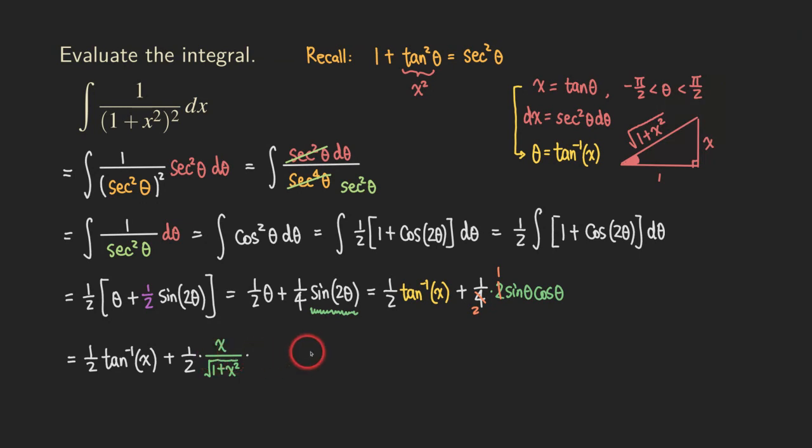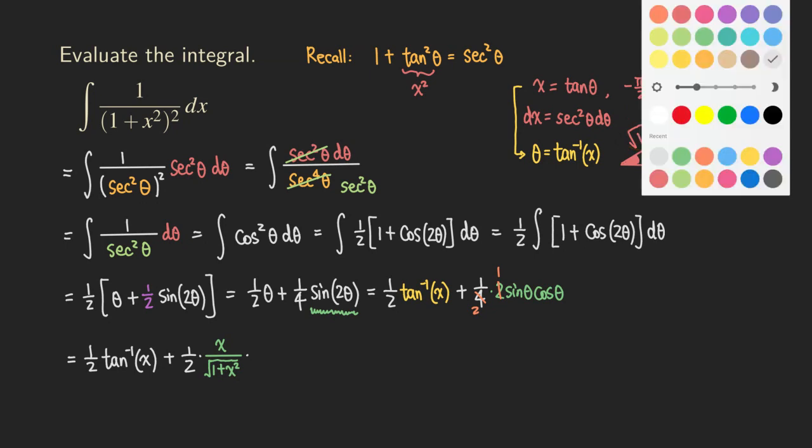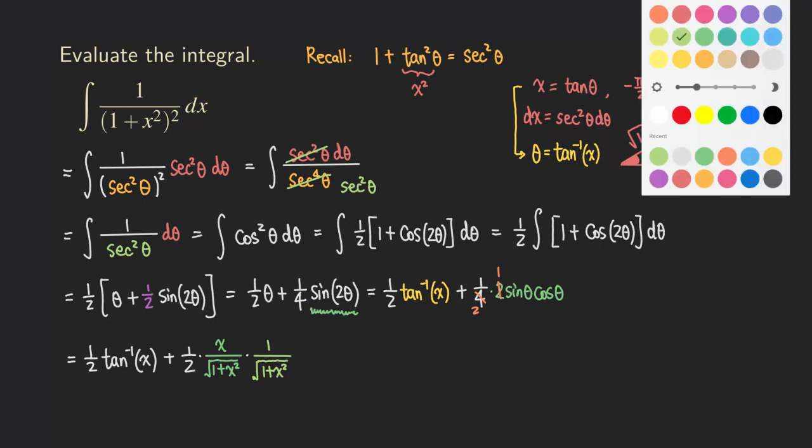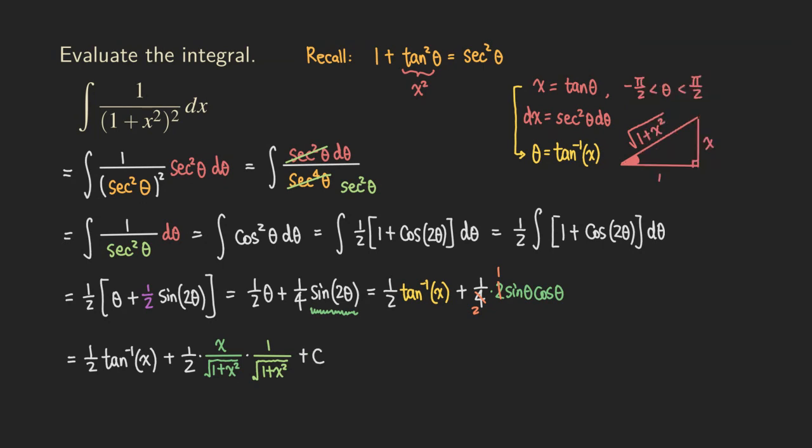The other one is the cosine, right? Cosine is actually 1 over that. So we have the other one, which is 1 over the same radical, and then plus the constant of integration.